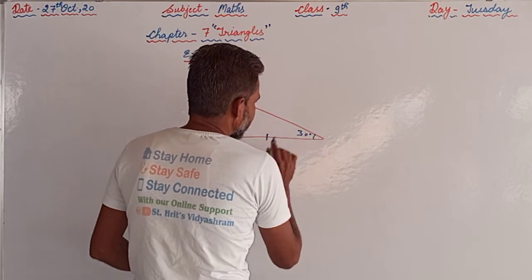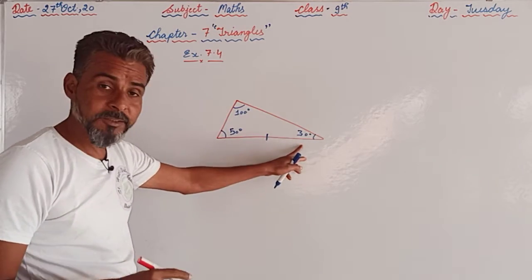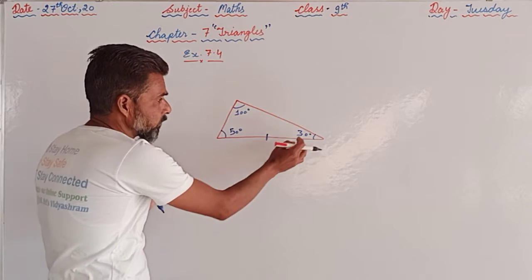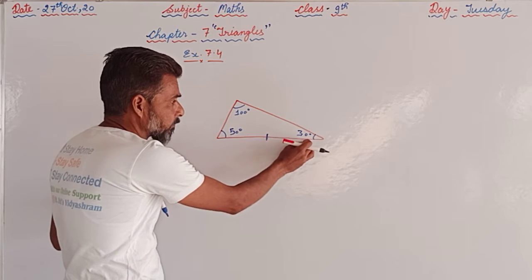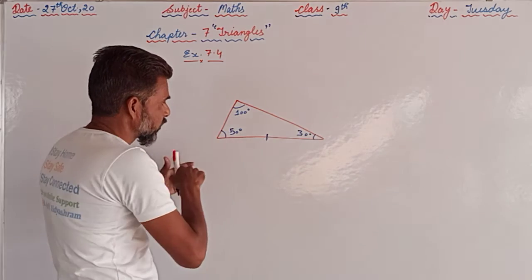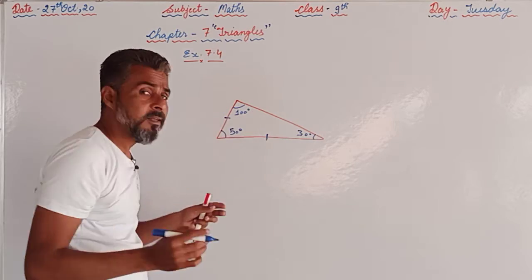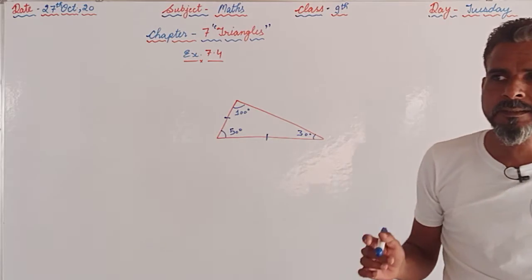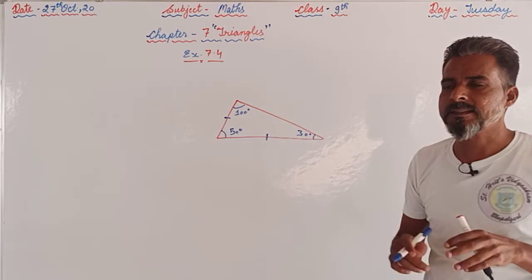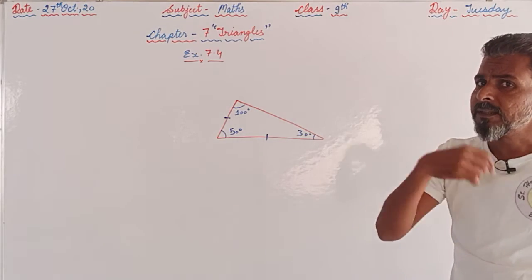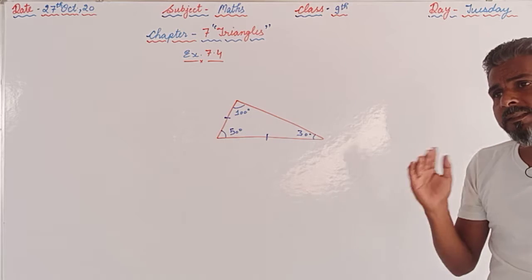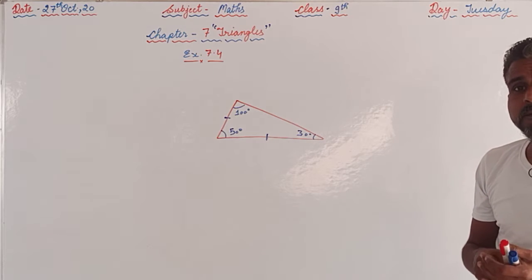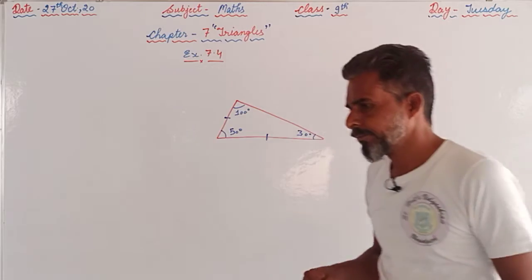Because 30 is the smaller in measurement, this is the smallest angle, and the side opposite to the smallest angle will be the shortest one. So this thing we are supposed to use in this exercise, that the side opposite to the largest angle will be the longest one and the side opposite to the smallest angle will be the shortest one.